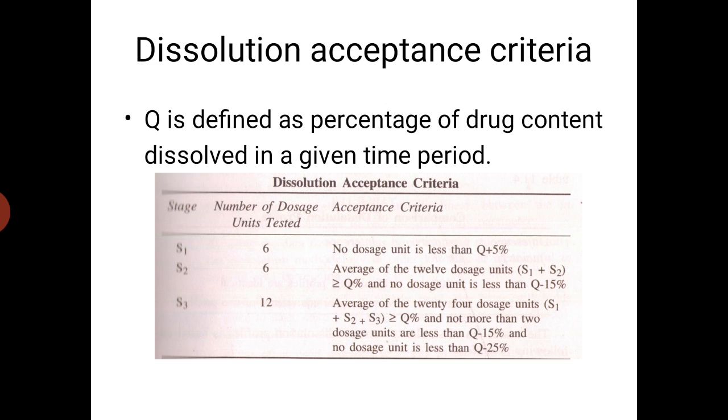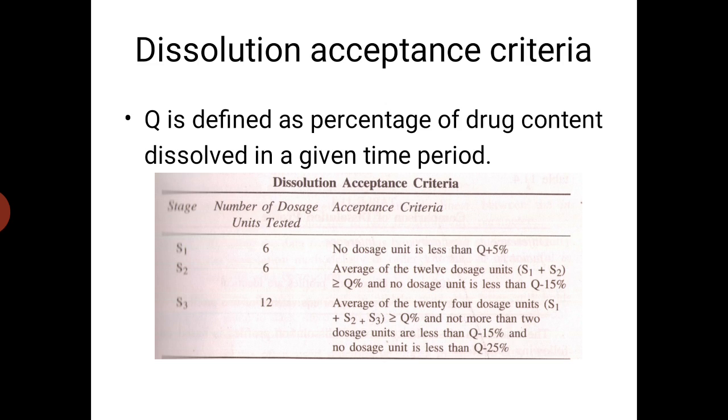If it fails, you perform the second stage dissolution with another 6 tablets, and then you can merge the results of the 6 tablets of stage 1 and the 6 tablets of the second stage. At the second stage, if it is within the acceptance criteria, that passes. If it fails the acceptance criteria, it goes to the third stage.